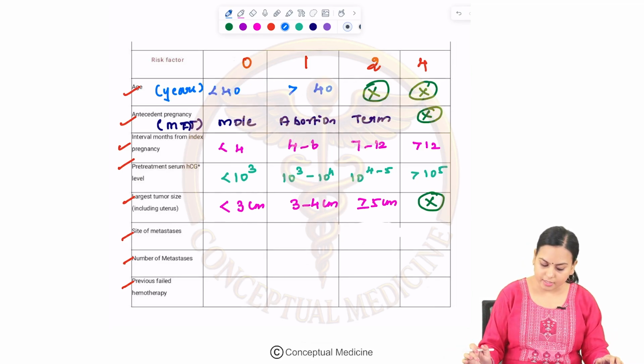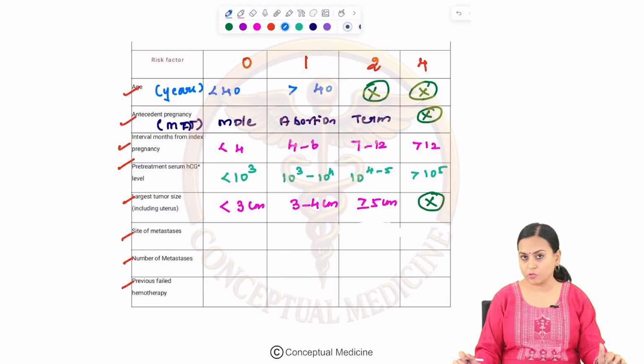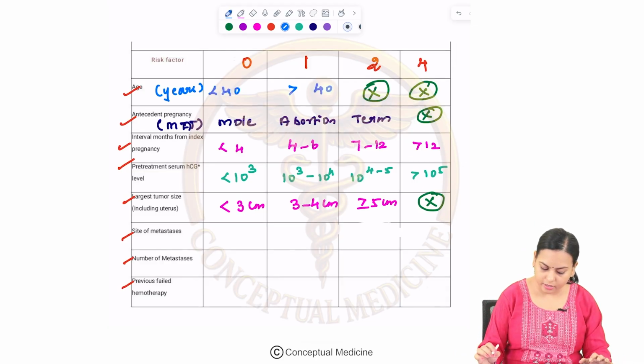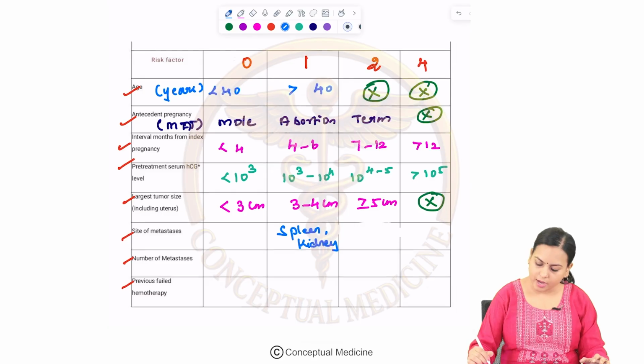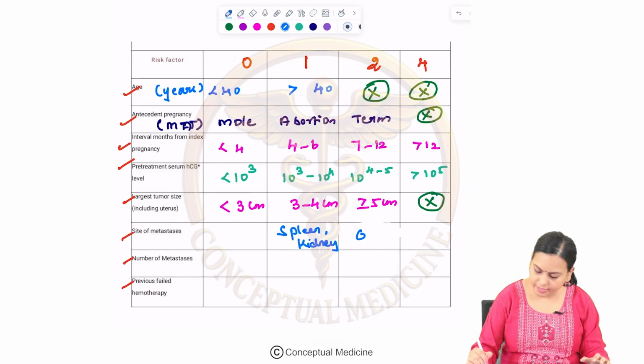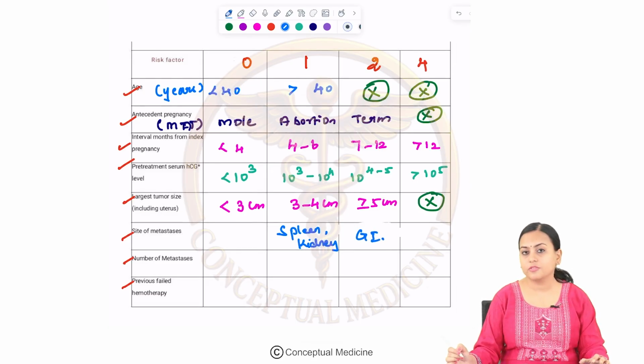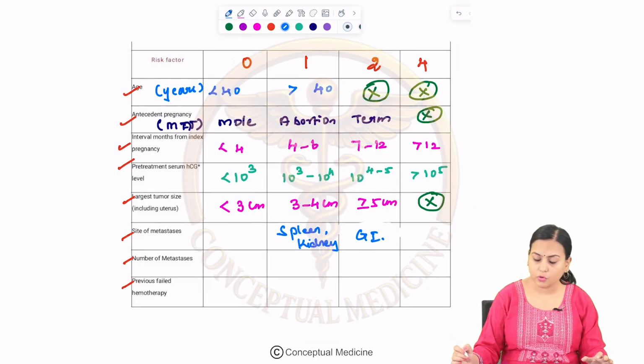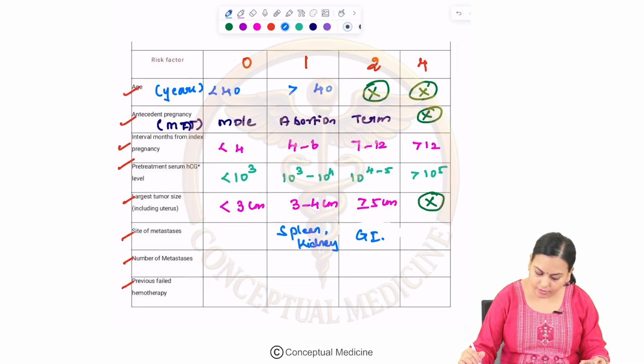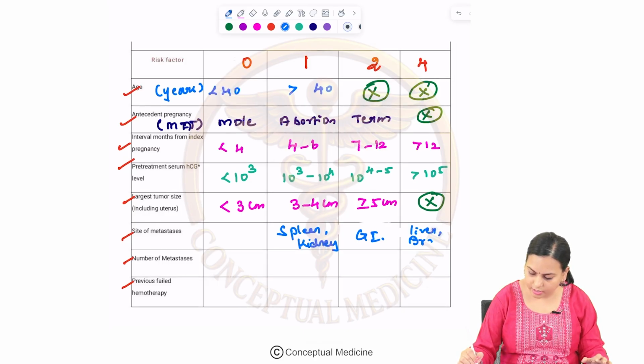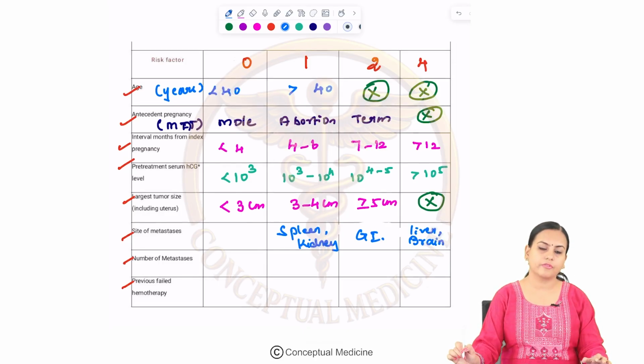From site of metastasis we are not having any 0 score. So, site of metastasis to spleen and kidney carries 1 score, and if it happens to the gastrointestinal system, then it will be taking 2 score, and if it metastasizes to the liver and brain, then it will be taking number 4.